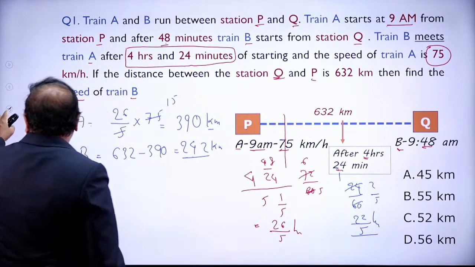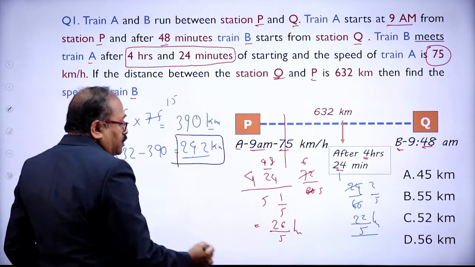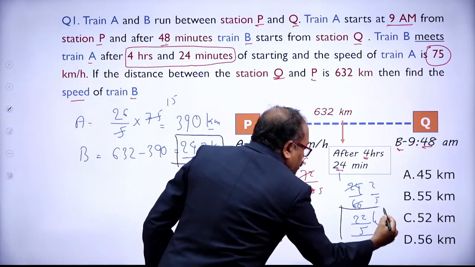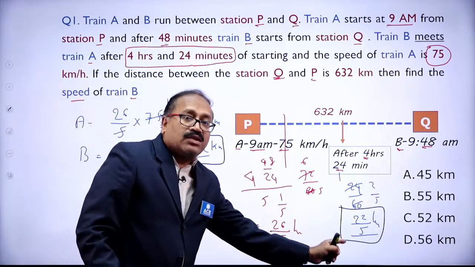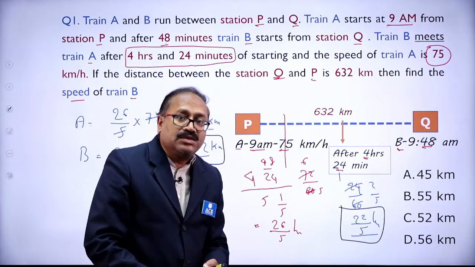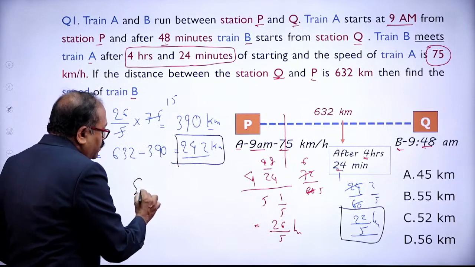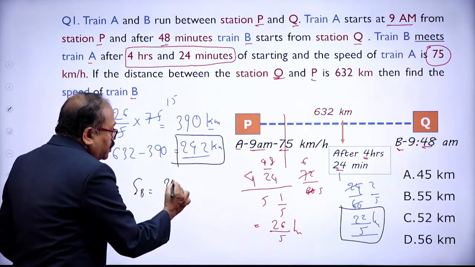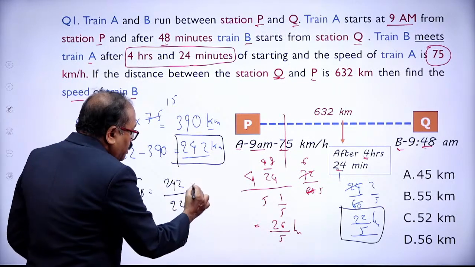So here we know the time, the distance covered by B, and this distance is covered in 22 by 5 hours. I know the distance, I know the time. Can I get the speed? Yes, speed is equal to distance by time. So the speed of B will be 242 divided by 22 by 5.